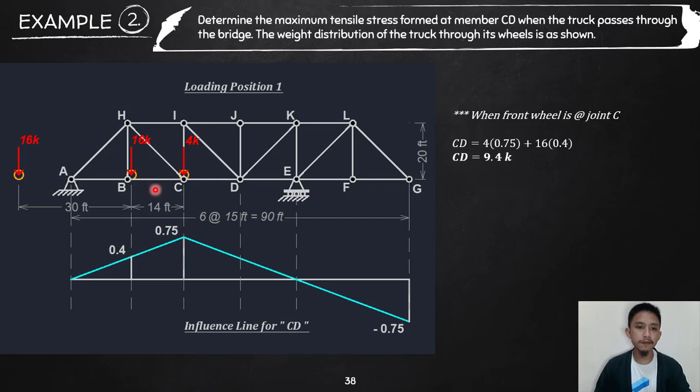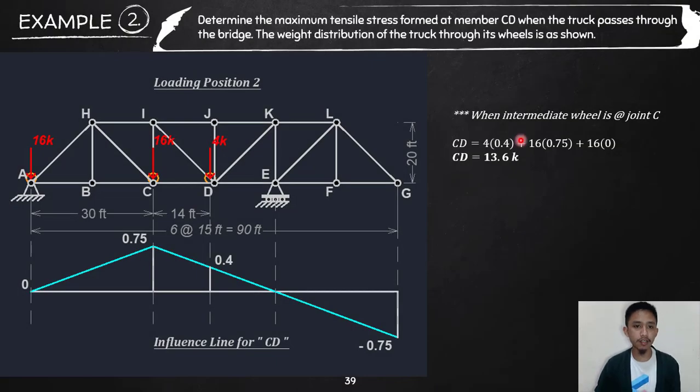What if now your 16, the intermediate wheel, will be the one on top of the maximum ordinate. That will be our second possibility. Let's call that one loading position 2. Still, the location of the two more wheels will follow, so that the distances of 30 feet and 14 feet are satisfied.